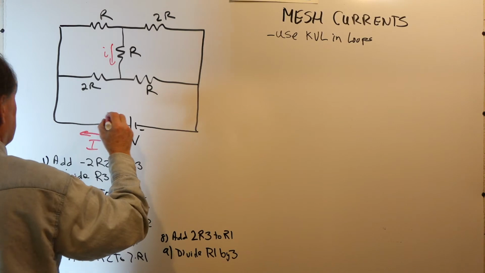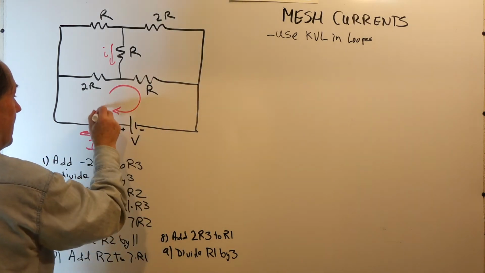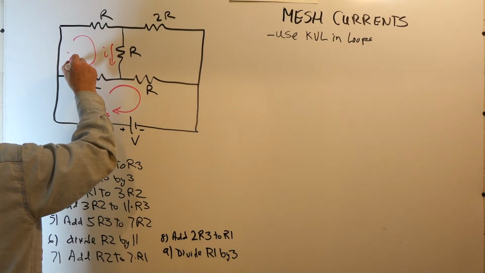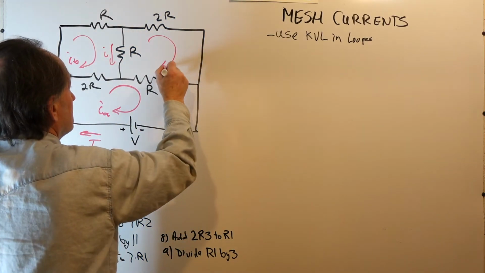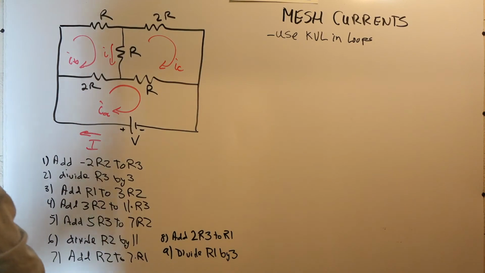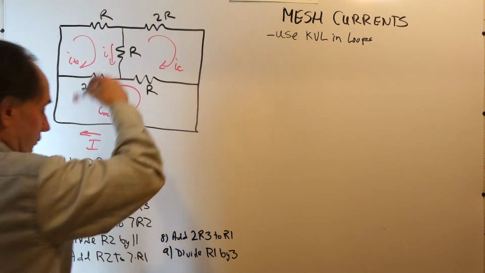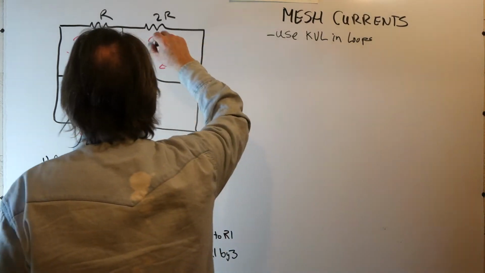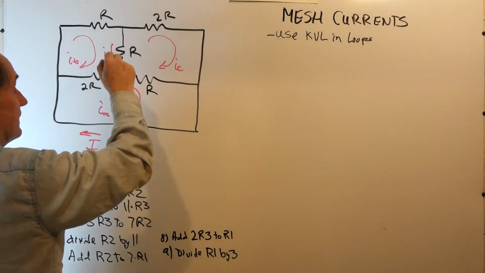So I will designate the current in this loop IA, the current in this loop IB, and the current in this loop IC. It's standard procedure that we have the current circulate in the same direction in each loop.